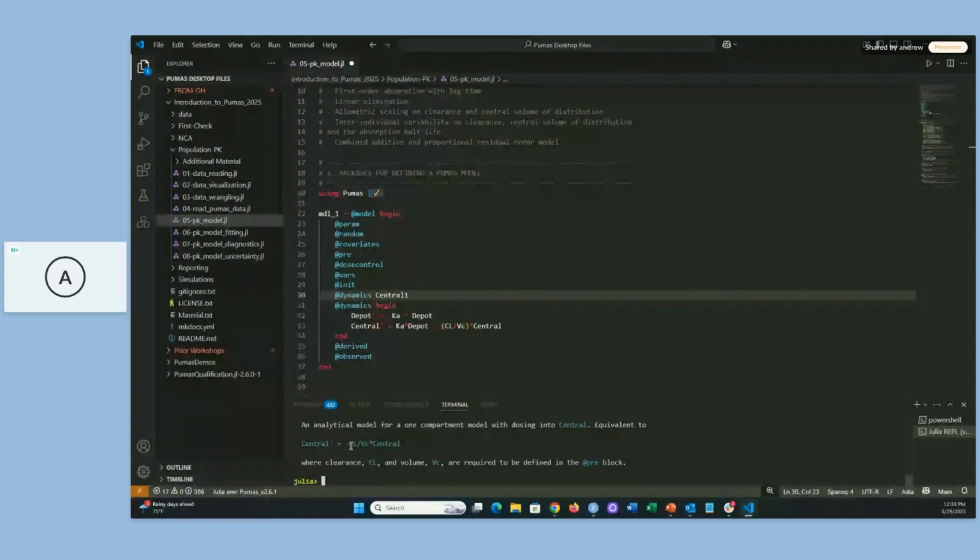So all this is going to make sure is you want to make sure that you're using big C, big L for clearance, big V, little c, and terming central is going to be your primary block. And if we wanted to add this in for the oral, depot 1, central 1 is also another one that we have on there.